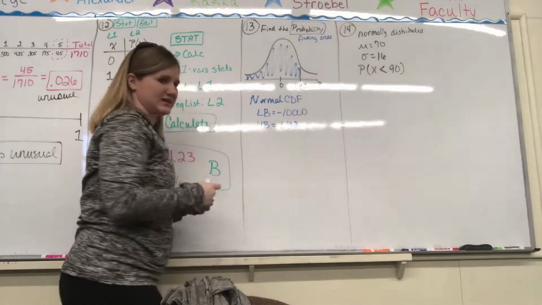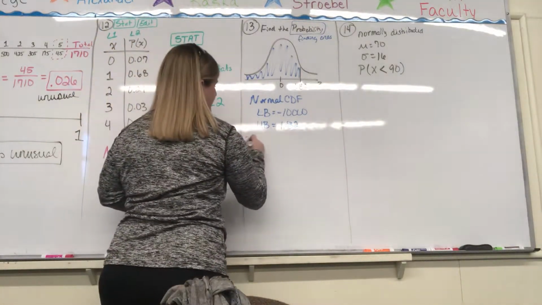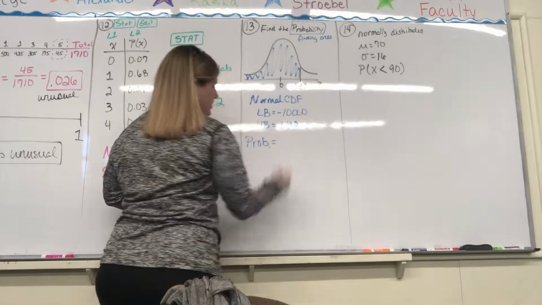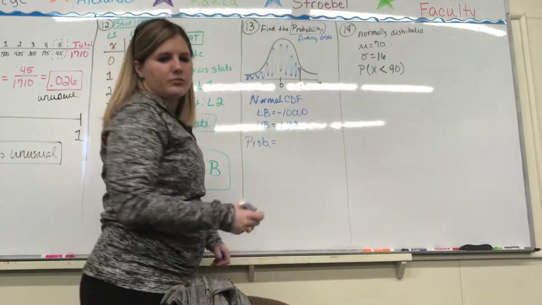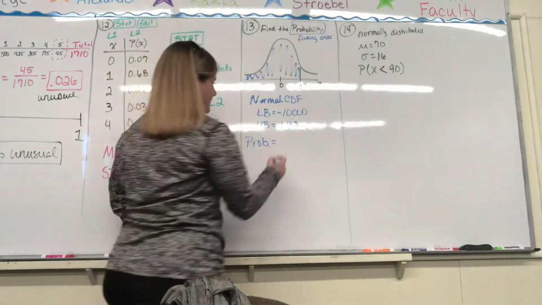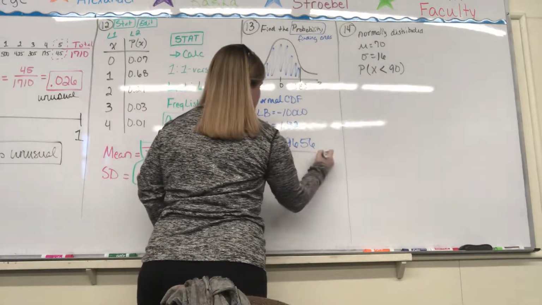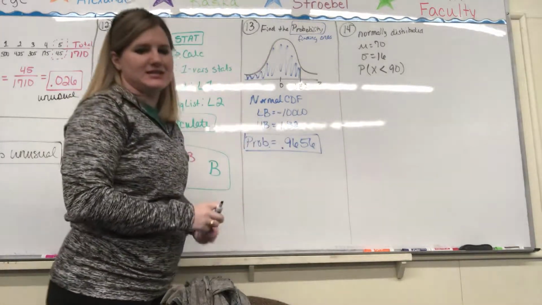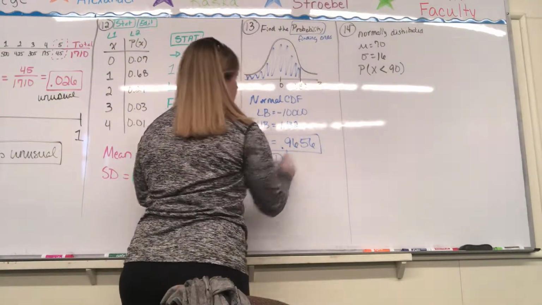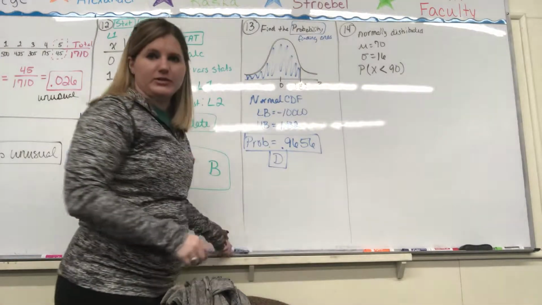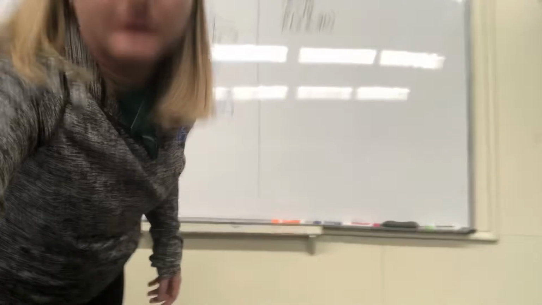And again, this is probability now, so I'm just going to put probability equals, rounding to 4 decimal places, 0.9656. So this looks like answer choice D. Area and probability, again, same thing, calculated with our calculators.